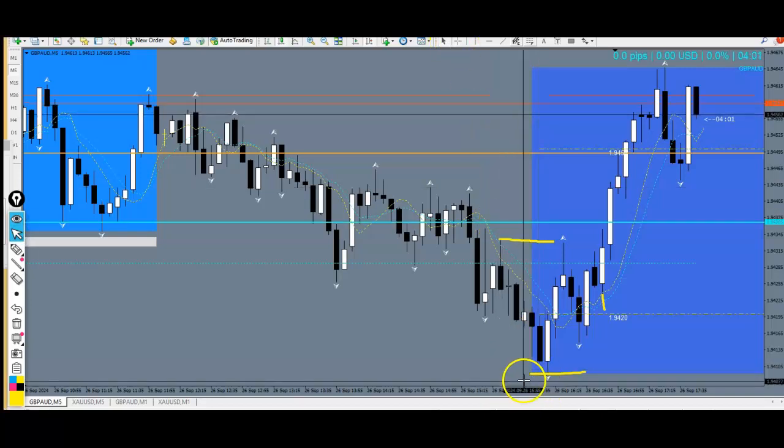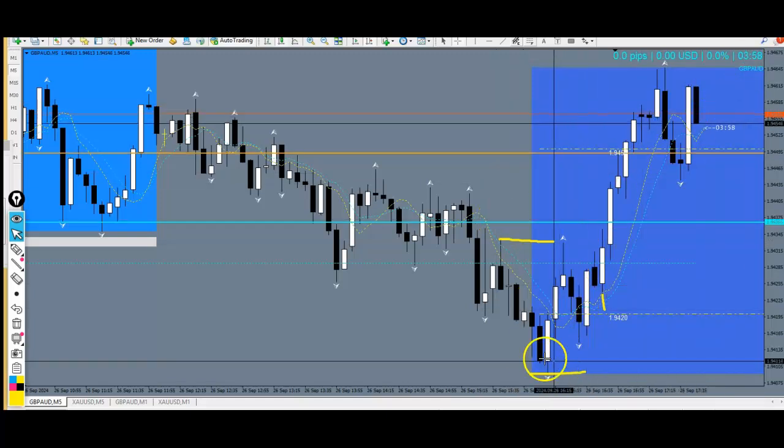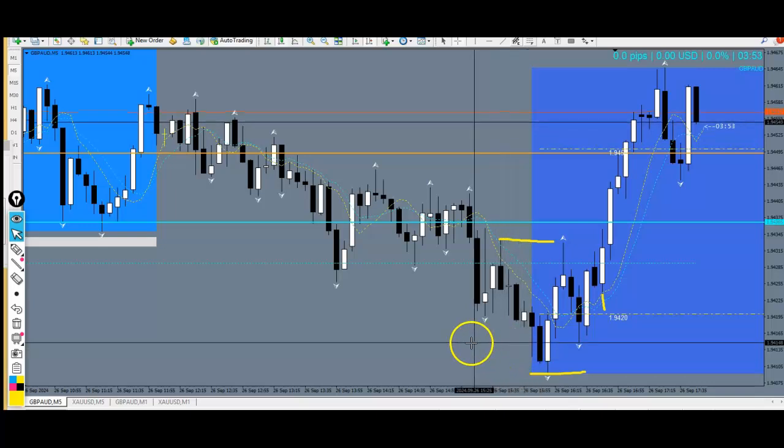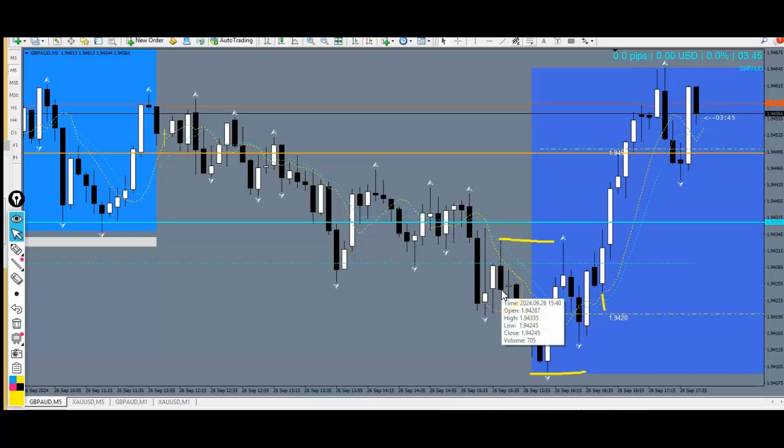I wanted to look at the value there. So the value, when we look at it, the high there is 1.94335.